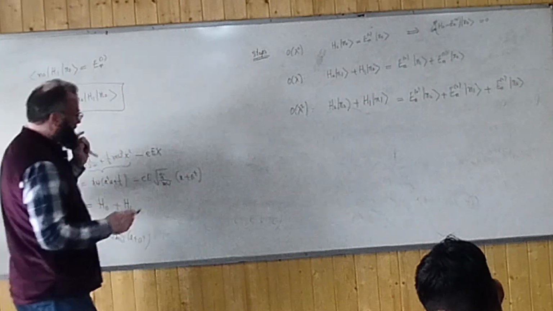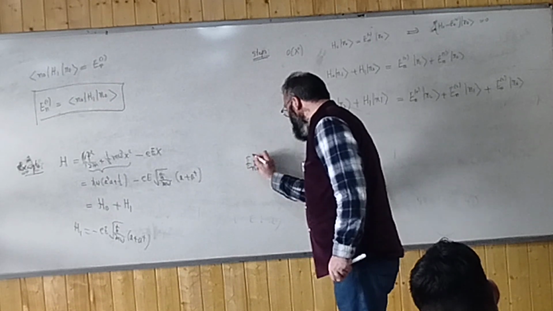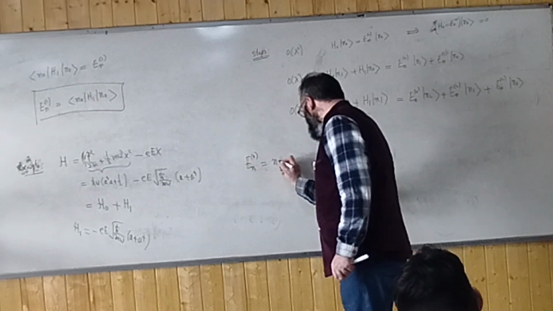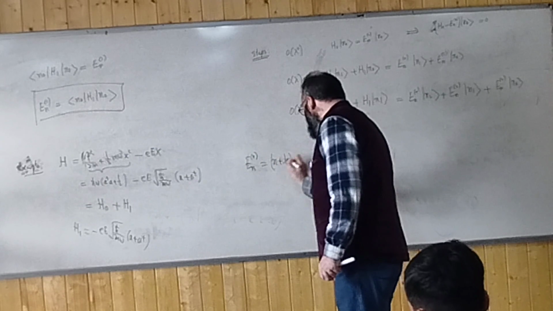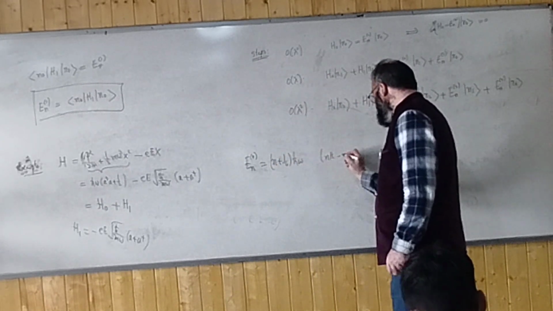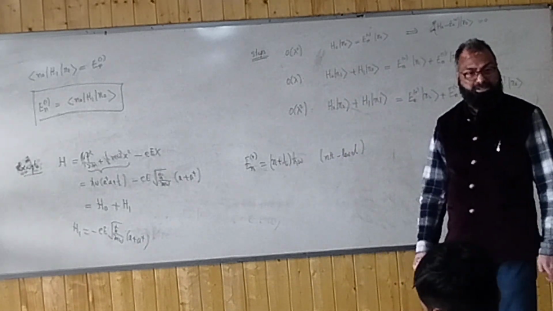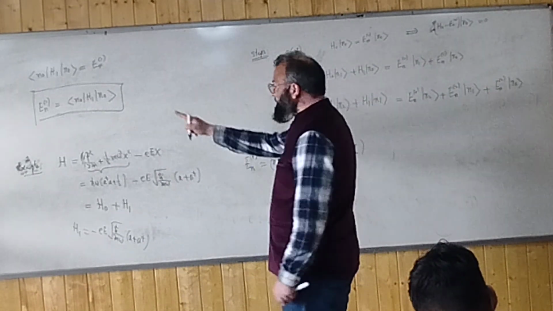So what are the energies of the unperturbed harmonic oscillator? Your unperturbed energy is (n plus half) h cross omega for the nth level. Got it? Okay, so now let's calculate the first order correction to the nth level.